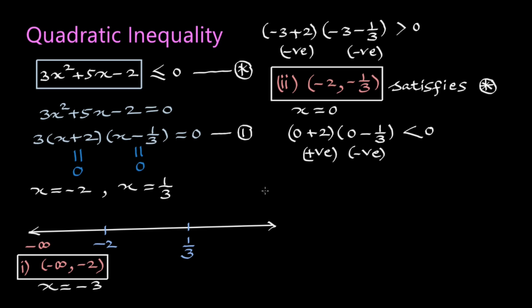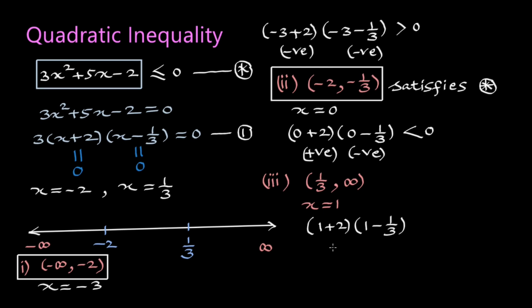Finally, we will consider the third subinterval 1 upon 3 to infinity, and we will consider a sample point x equals 1 within this interval and substitute in equation 1. That will give us 1 plus 2 into 1 minus 1 upon 3, which is a product of a positive number and a positive number, which will be positive.